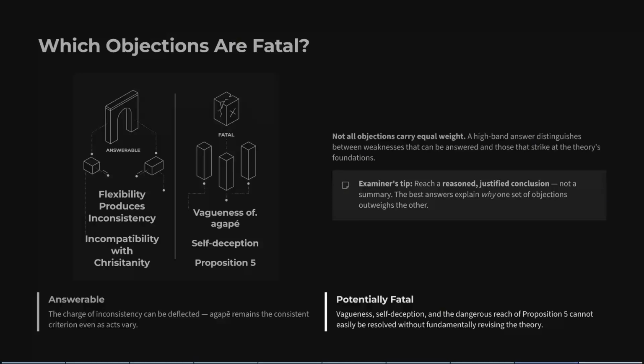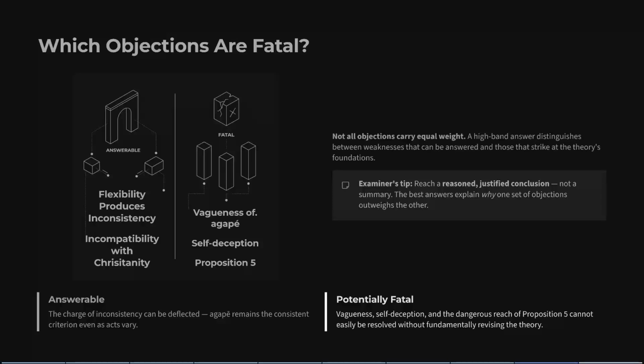And Proposition 5 cannot be fully defended without either limiting which ends count as genuinely loving, which introduces a criteria beyond love itself, or accepting that virtually any action can in principle be justified. Most people find the second option morally unacceptable, and the first option simply changes the theory significantly.